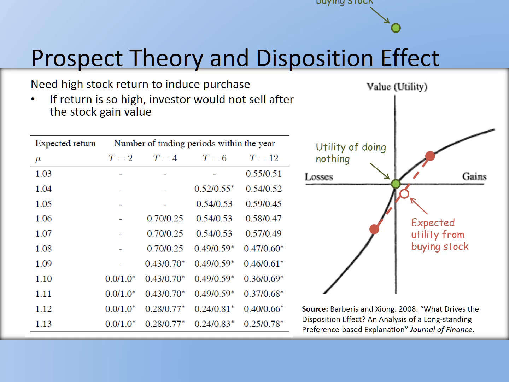If return is very high, even if they're risk averse, they might still hold on to the stock afterwards. In general, when we model investors, we always model them as risk averse. That doesn't stop them from buying stocks. Risk aversion does not preclude holding of stocks.